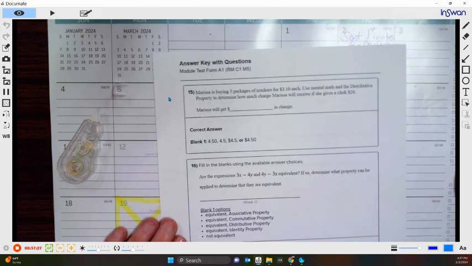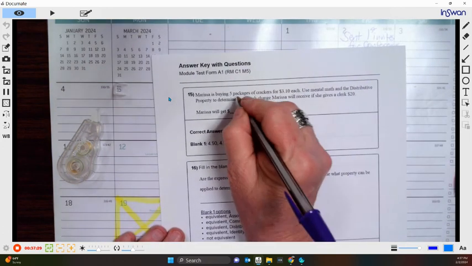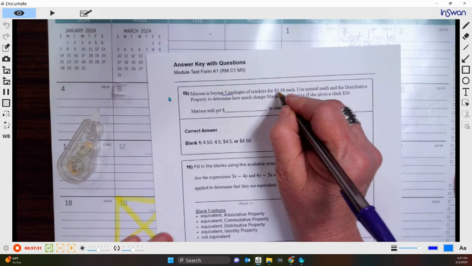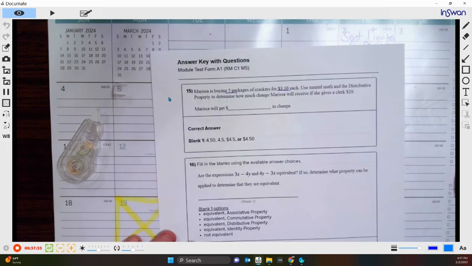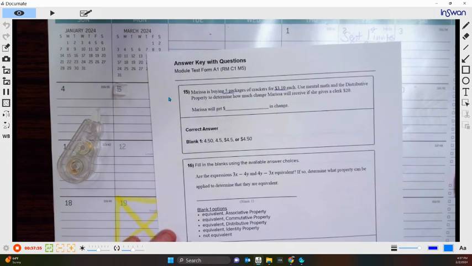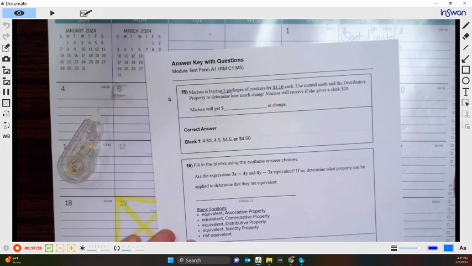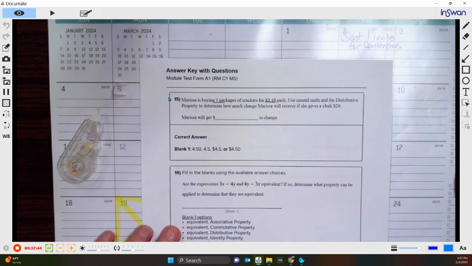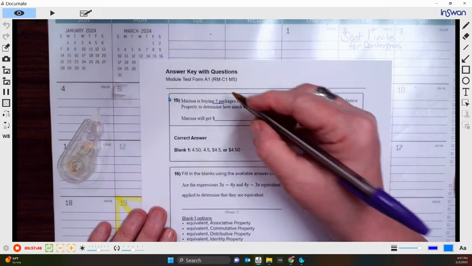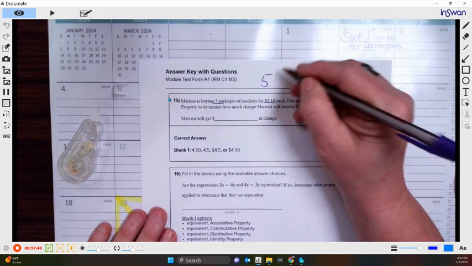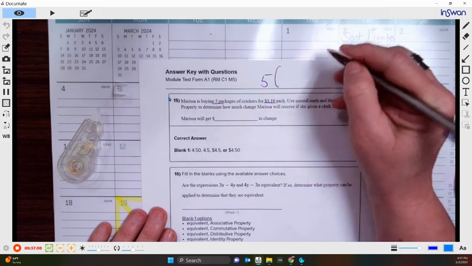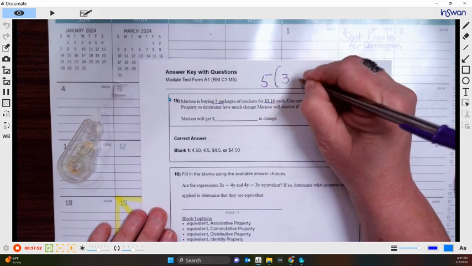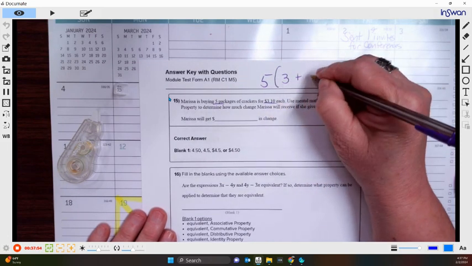Number 15, Marissa is buying 5 packages of crackers at $3.10 each. Use mental math and the distributive property to determine how much change Marissa will receive if she gives the clerk $20. Now, the mental math part, don't let that freak you out, because we're just taking the 5 packages, that's how many you have, and multiplying it times the number of dollars and the number of cents.